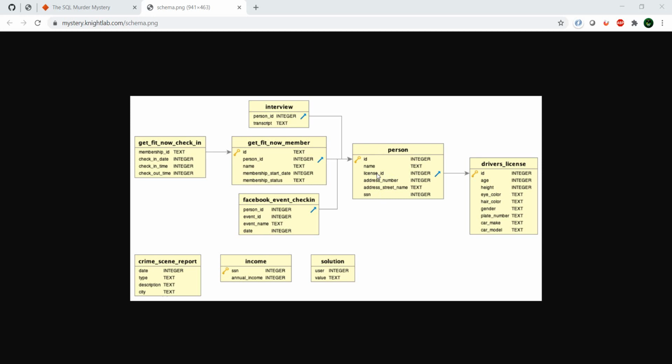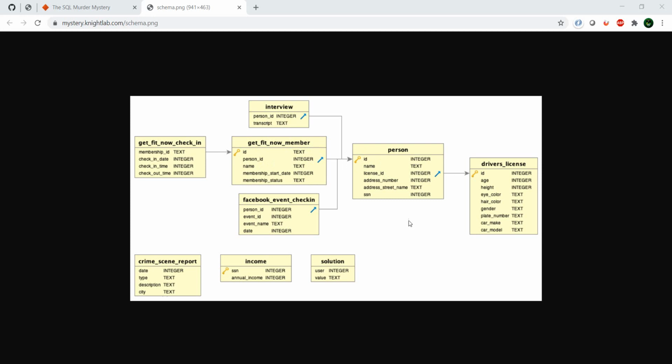But it does have a connection to the driver's license table, and this is how the person and the driver's license tables are connected via this license ID. For example, here we have something like the get fit member table, and this person ID field will have its values here in this ID field.